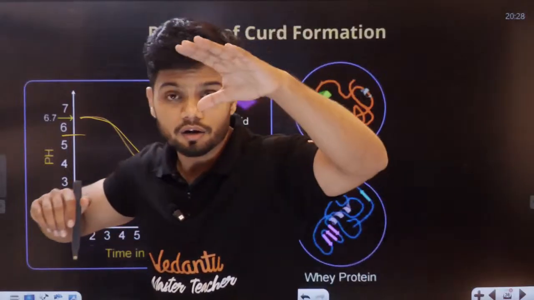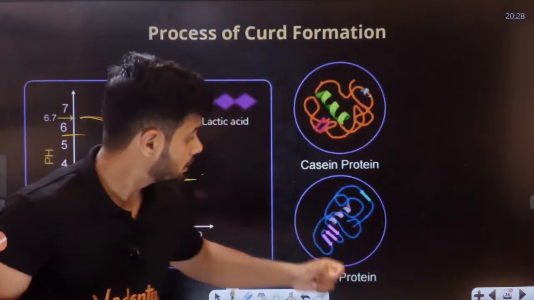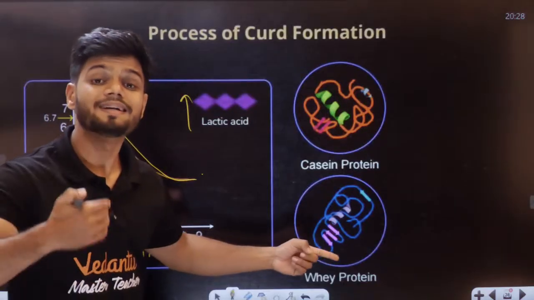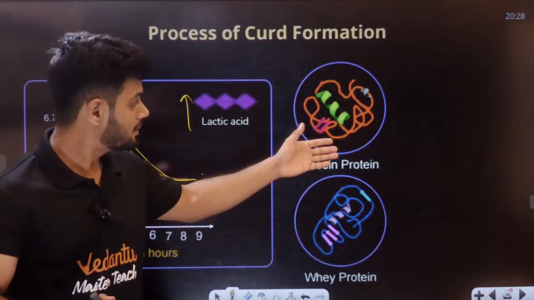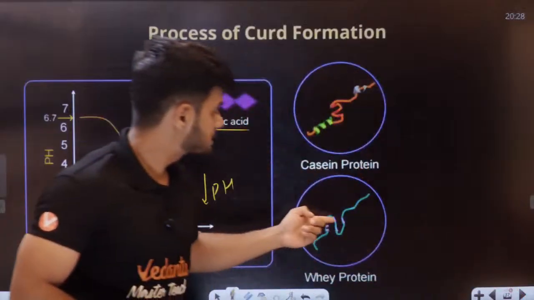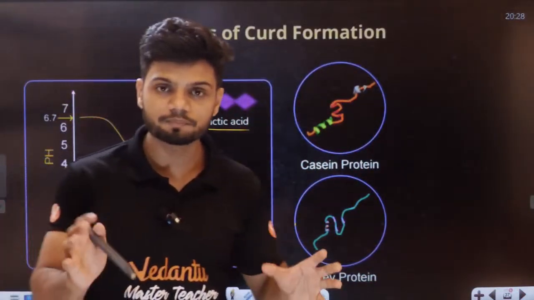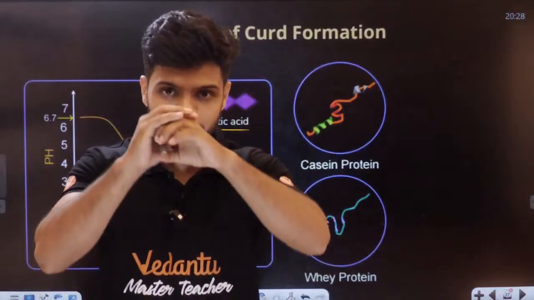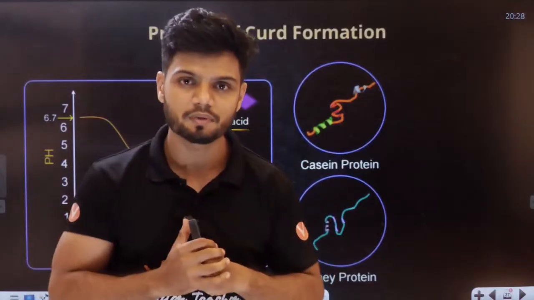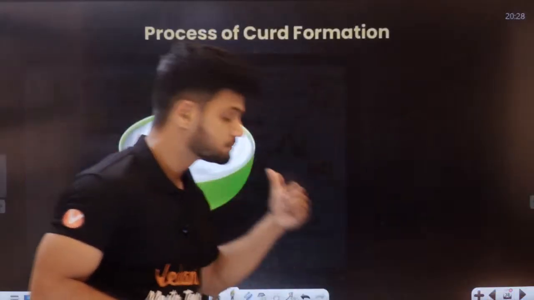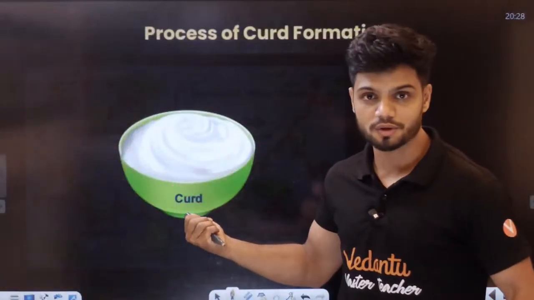The proteins undergo denaturation. That is, they become simpler. Can you see? Denaturation. When proteins undergo denaturation and end up coagulating, they make tiny lumps. That will lead to the curd formation, students, curd formation.